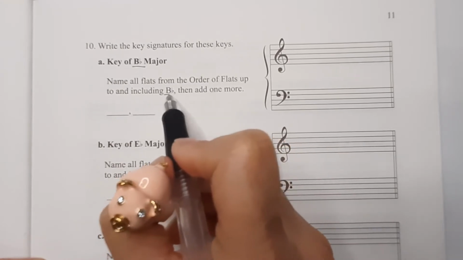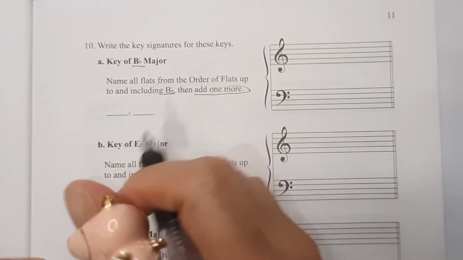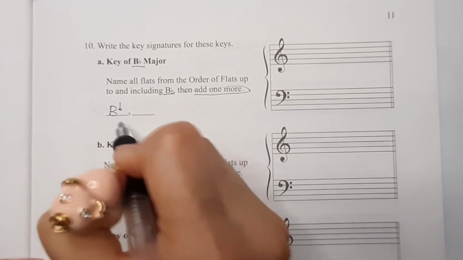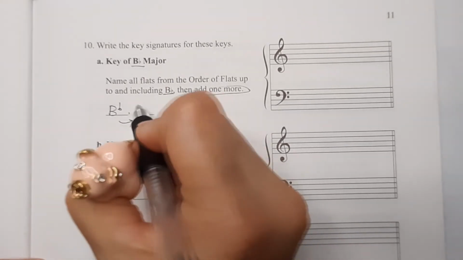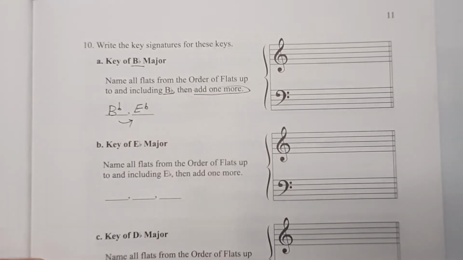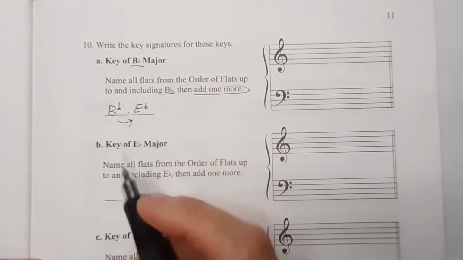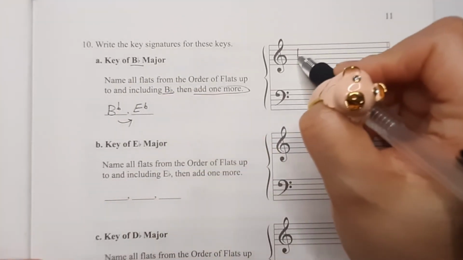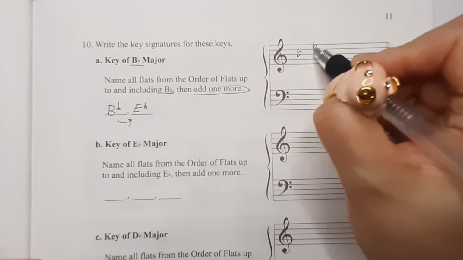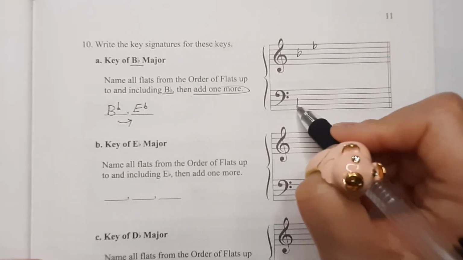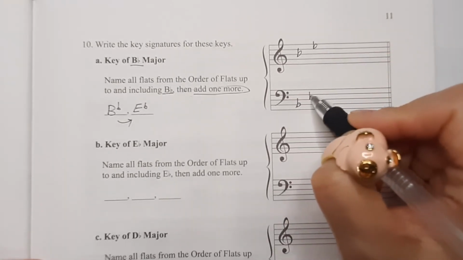So B flat is the first flat, and add one more, so there's E flat. In the key of B flat major, there's B flat and E flat. So write B flat and E flat, like that. Again, B for the bass clef and E flats.